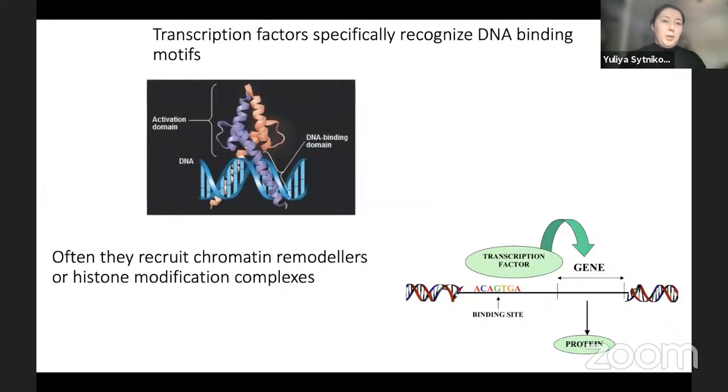I will briefly talk about transcription factors. These are usually DNA binding proteins which recognize particular binding sites. Usually, these are particular motifs within DNA, and after they bind, they on their own recruit different chromatin activators and repressors.